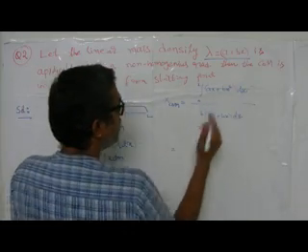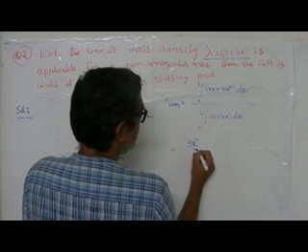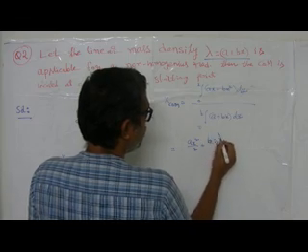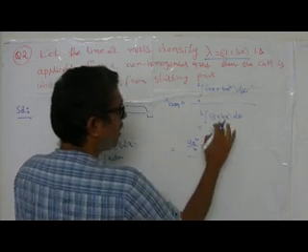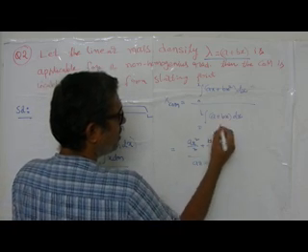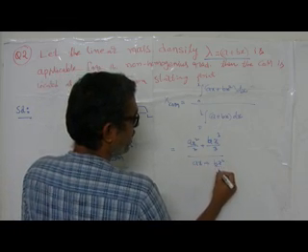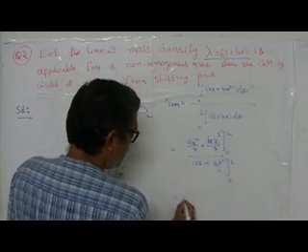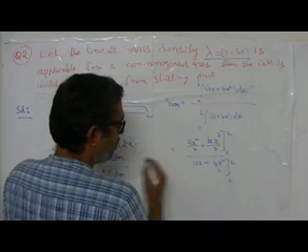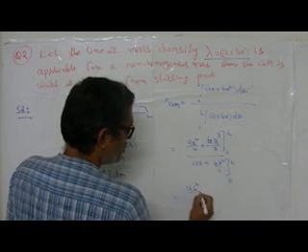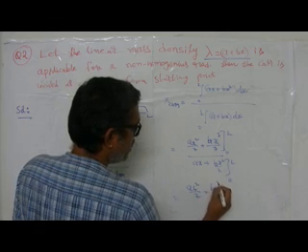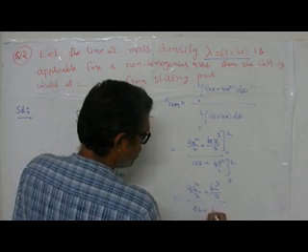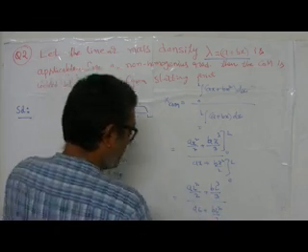Further, upon doing integration you have ax squared by 2 plus bx cube by 3, whole divided by ax plus bx square by 2, here running over 0 to L, here also running over 0 to L. Upon substituting the upper limit in the problem, you can write AL square by 2 plus BL cube by 3 divided by AL plus BL square by 2. We can write like this.